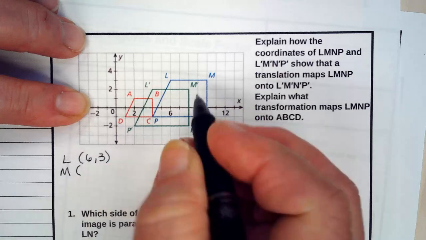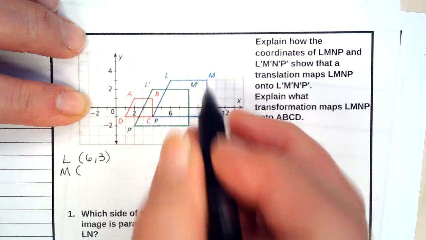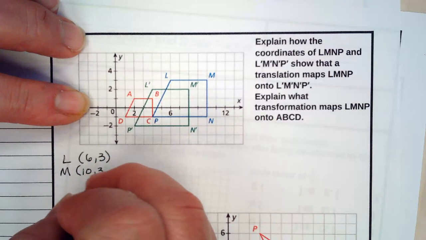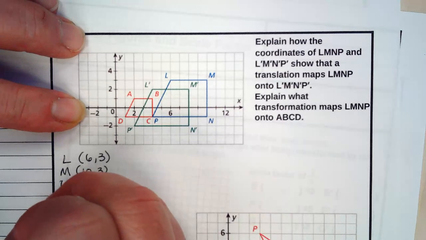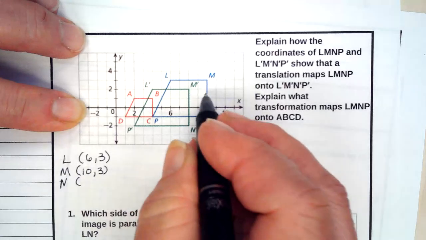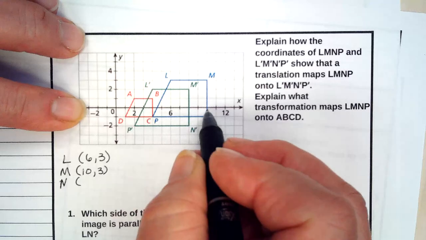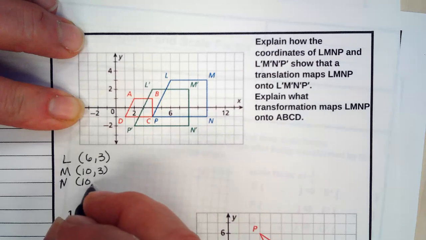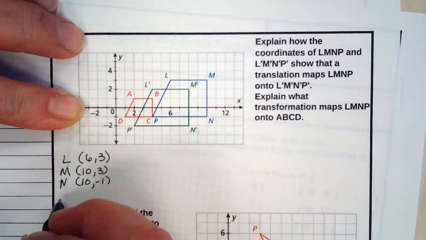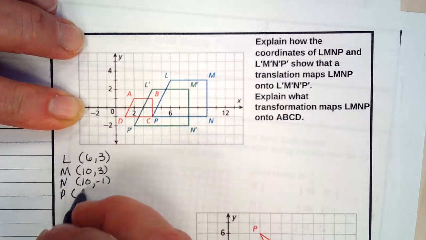M is the point 10, 3. N is the point 10, -1. And P is the point 4, -1.